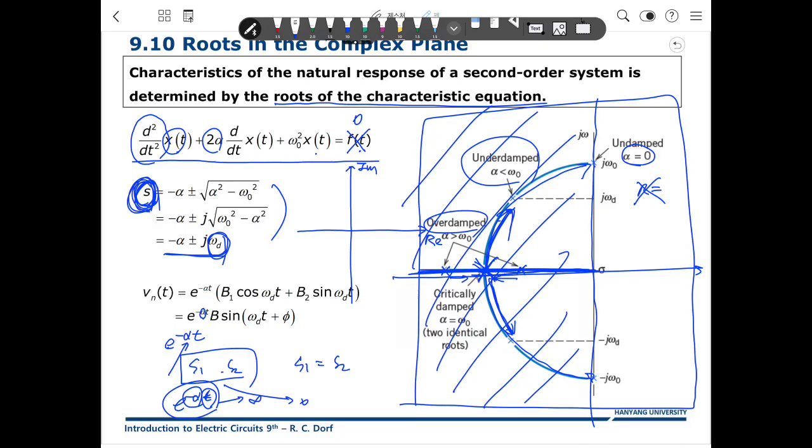So when S is placed on the left side, the system is stable because of that.